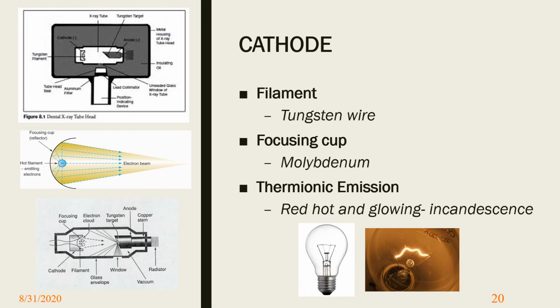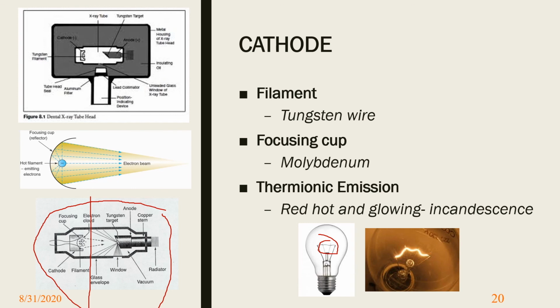It consists of a thin coil of tungsten filament similar to that found in an electric light bulb. In the cathode you will see a filament similar to a light bulb. Its purpose is to supply electrons necessary to produce X-rays.